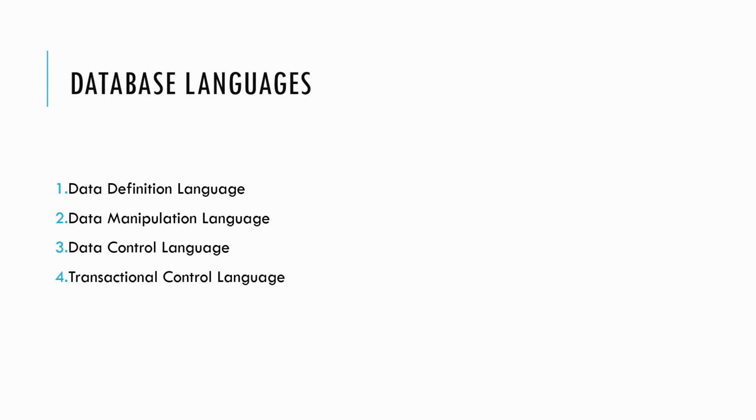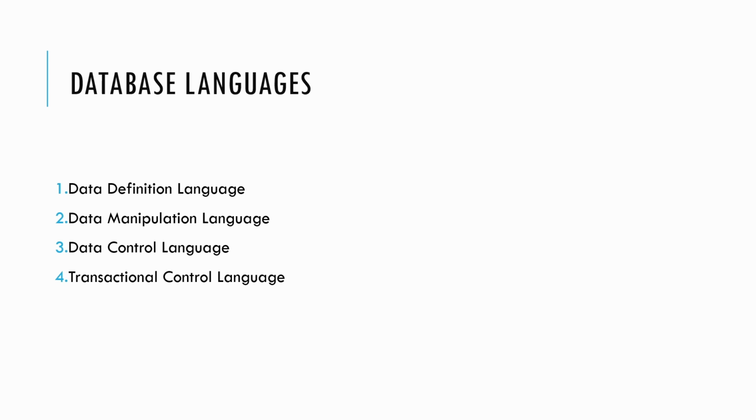First one is data definition language. Second one is data manipulation language. Third one is data control language. The fourth one is transactional control language. These are the four types. Definition is the basic level of table creation.